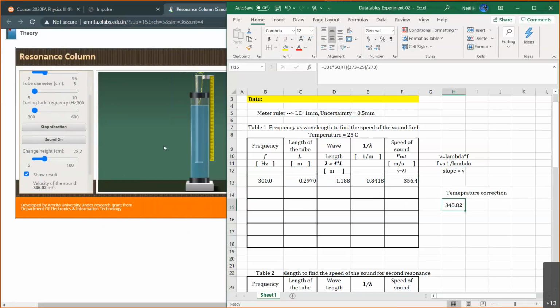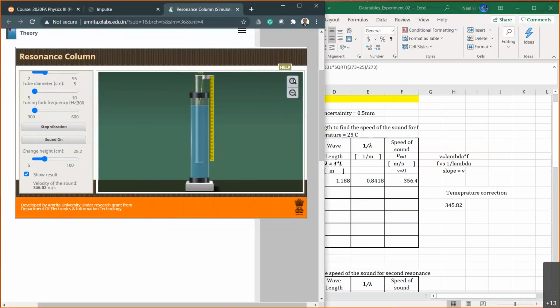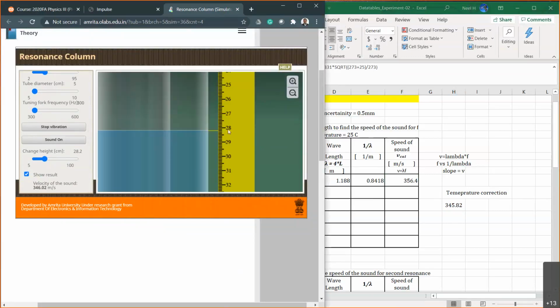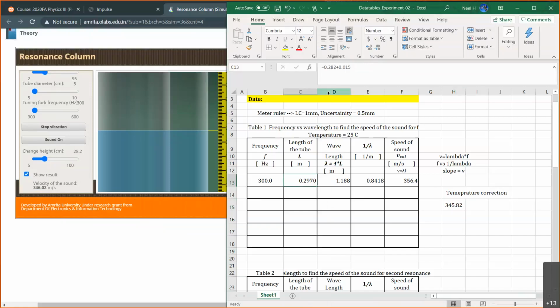Let me check that length again. 28.2. All looks good. 28.2, and the correction is 0.015. That looks good. 4 times L, 1 over lambda. Instead, actually, we'll go without the end correction. That's okay.